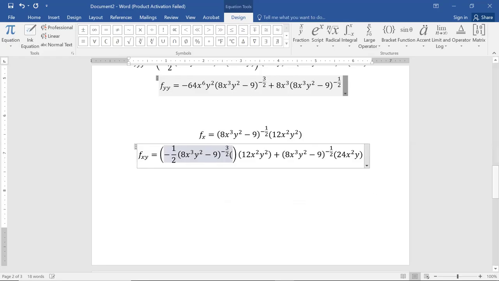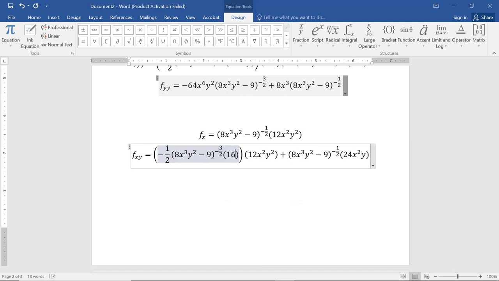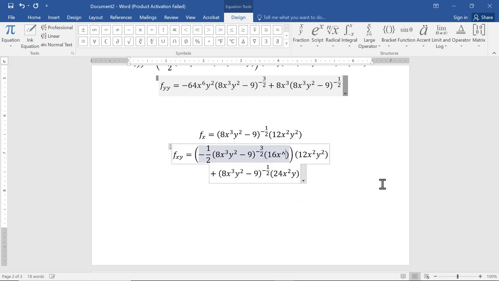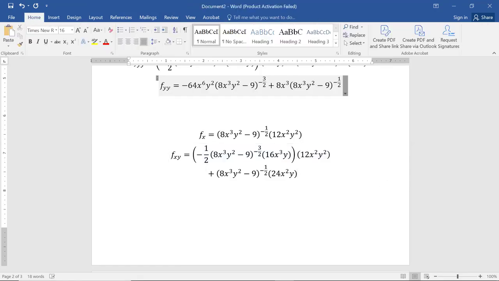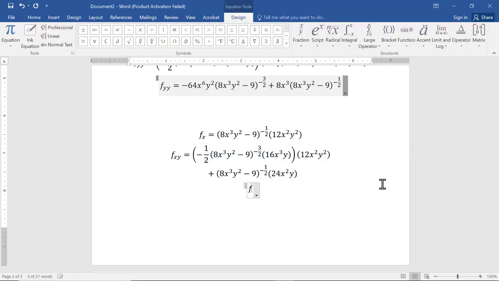And then I multiply times the derivative of the inside function with respect to y. With respect to y, that inside function is 16x to the third, y to the first.